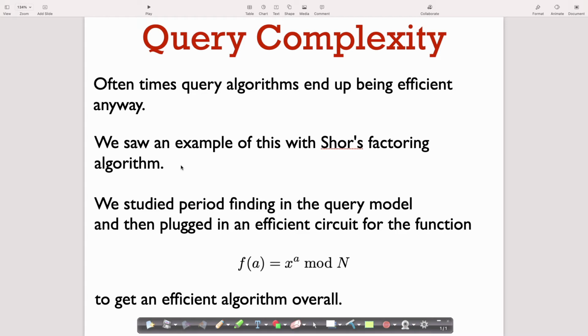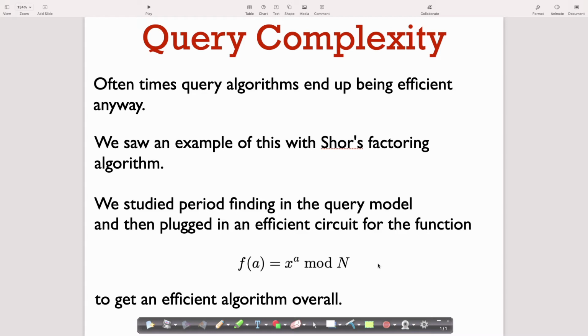But in the application of the period finding problem to integer factorization, the function that we wanted to find the period of, this function here, where f of a is equal to x to the power a modulo n, that function actually can be efficiently implemented with a small circuit.